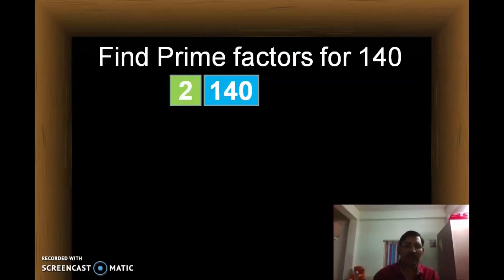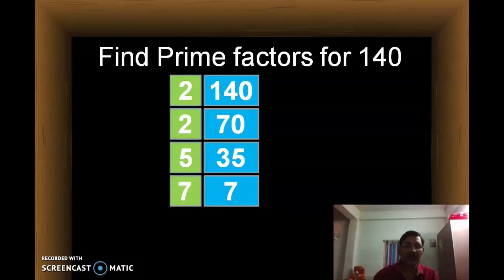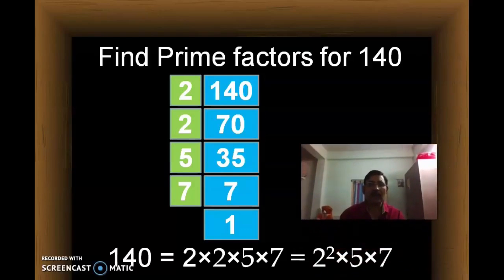We first divide it by 2, then we get 70, again 70 divided by 2, we get 35, and again divide this by 5, you get 7, and 7 divided by 7 gives 1. So we can observe that 140 is equal to 2 into 2 into 5 into 7, or we write the same as 2 square into 5 into 7. That's how we get the prime factors for 140.